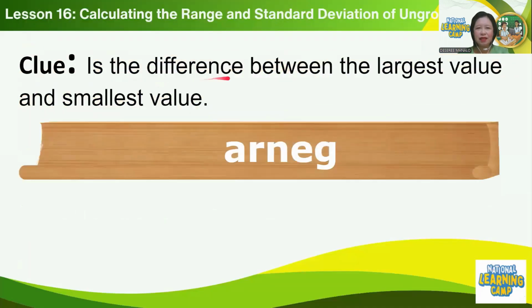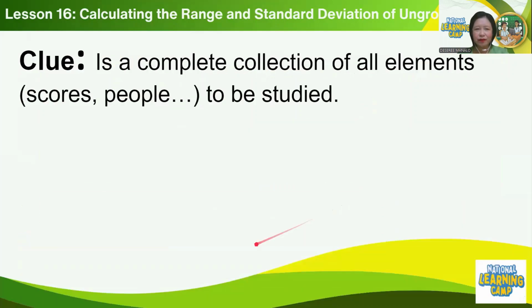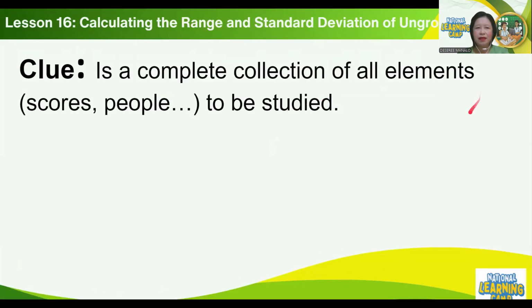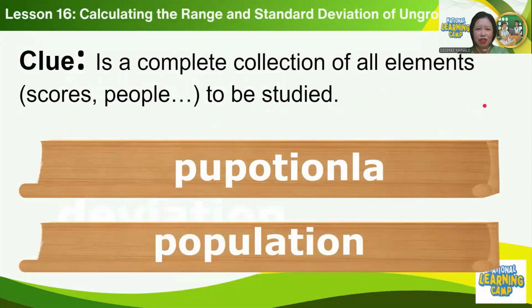Next is the difference between the largest value and smallest value. The answer is range. For the next one, a complete set of all elements or scores for people to be studied. The answer is population.